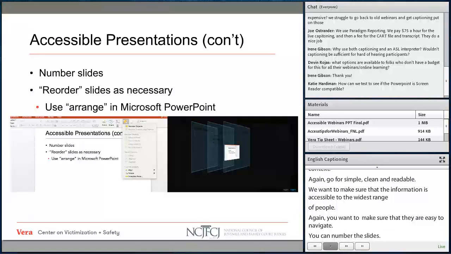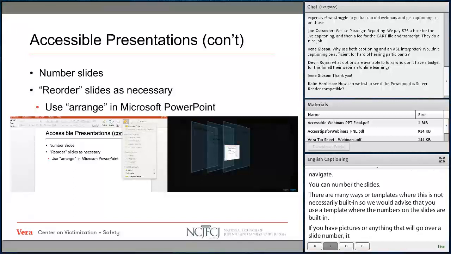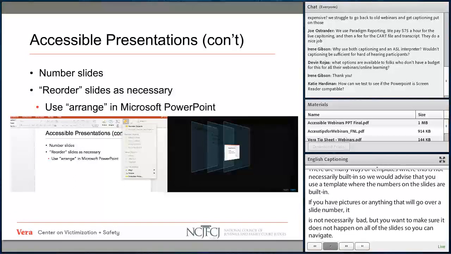If you have pictures or anything that will go over a slide number, it's not necessarily bad, but you want to make sure that that doesn't happen on all of your slides so that you can navigate it, and you still want to make sure that the number is there so that the screen reader will pick it up and not lose where you are at in the presentation.